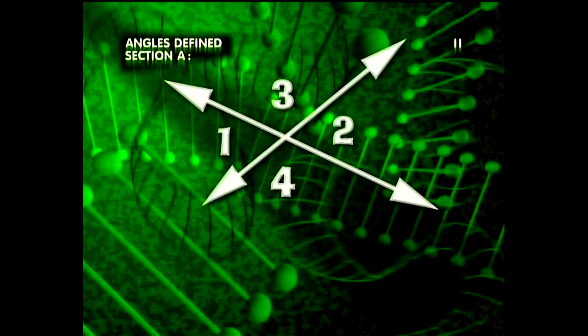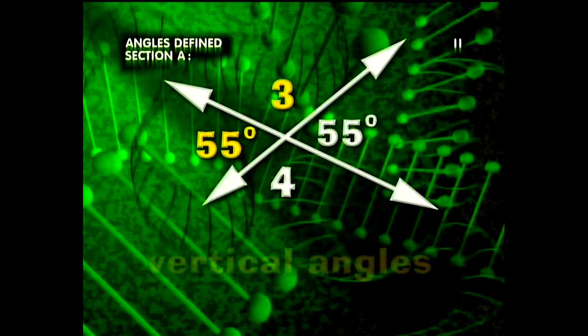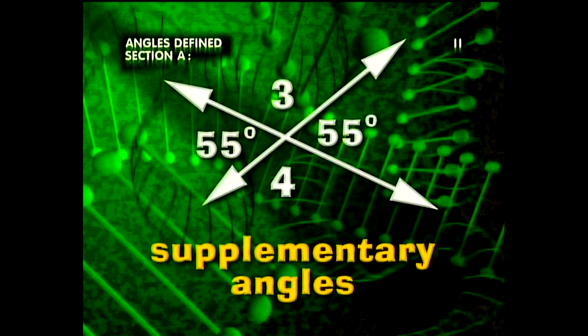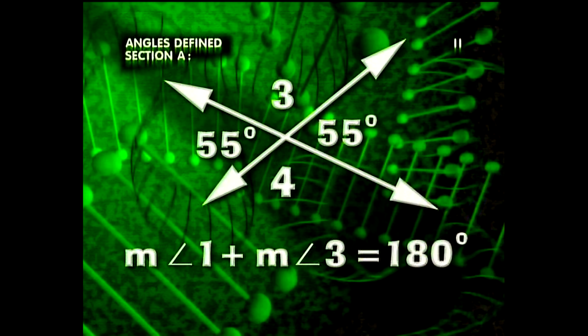For example, if we're given the measure of one of these angles, we could figure out the other three. Watch this. If angle 1 is 55 degrees, then angle 2 is also 55 degrees, because they're vertical angles. See that angles 1 and 3 are supplementary angles? Together, their measures will add up to 180 degrees.